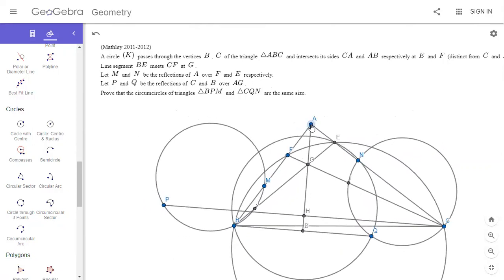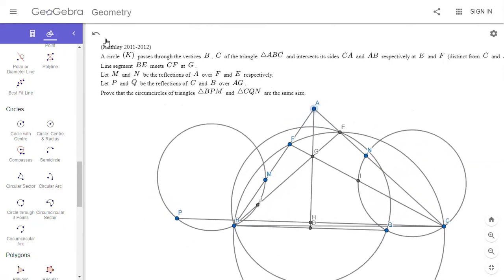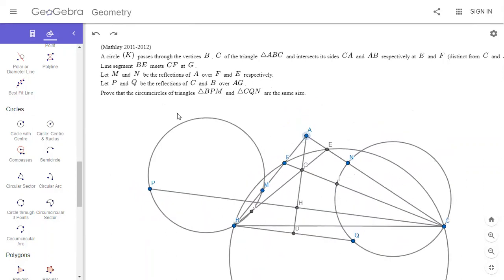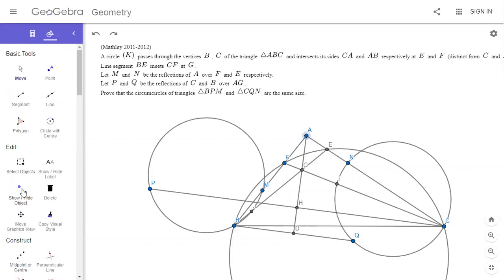Oh, isn't it obvious that AD is the radical axis? Not yet. So I know A lies on the radical axis. I can show the line through A, H, and D lies on the radical axis. I just don't know that G lies on that line. So I know A, H, and D are collinear, but I don't know that G lies on that line.